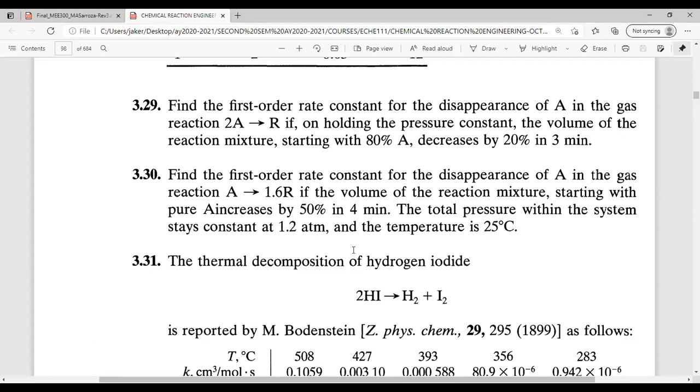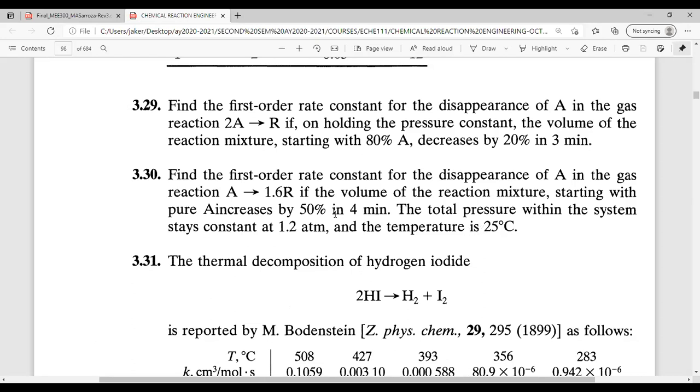In the previous problem, there's a decrease. In here, there's an increase by 50%. The total pressure within the system stays constant. So take note again: the pressure staying constant and it's a gaseous reaction dictates that you will determine the epsilon A. It's constant at 1.2 atm and the temperature is at 25 degrees Celsius.